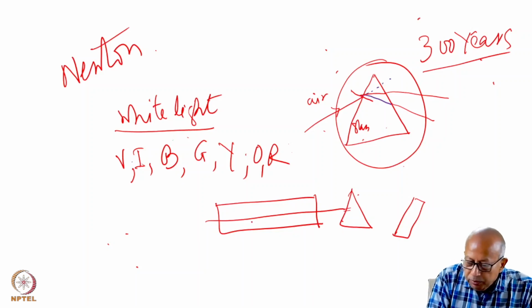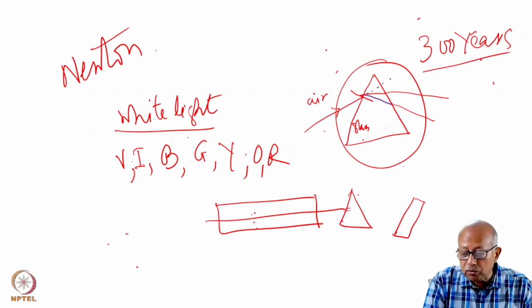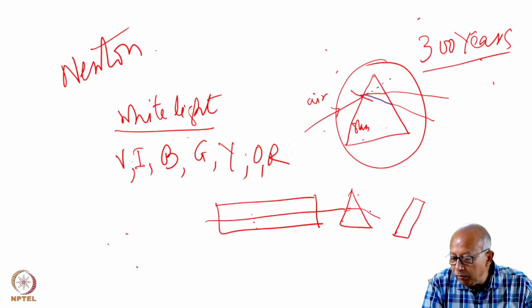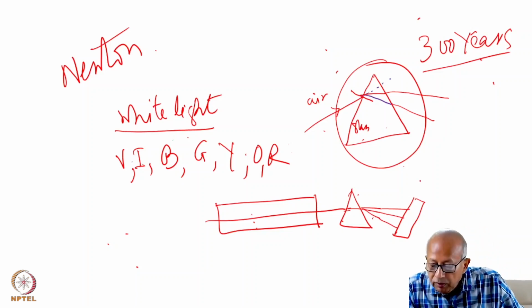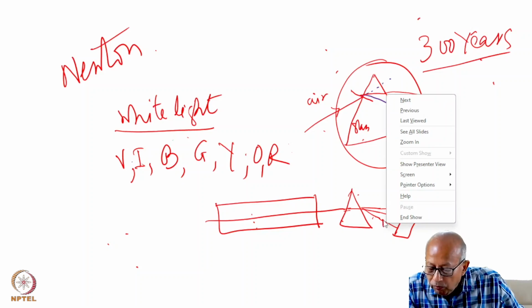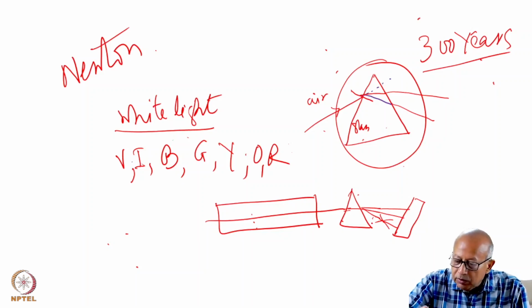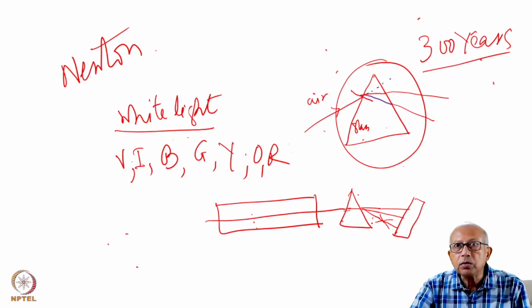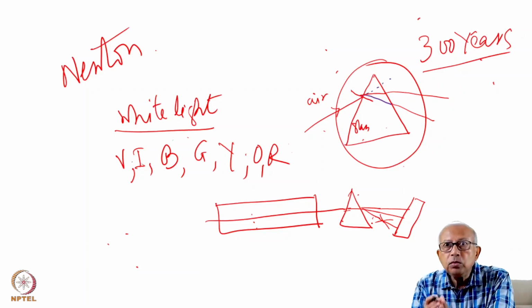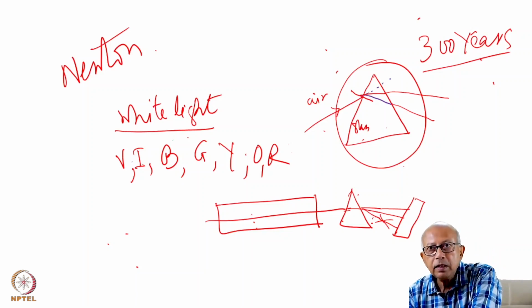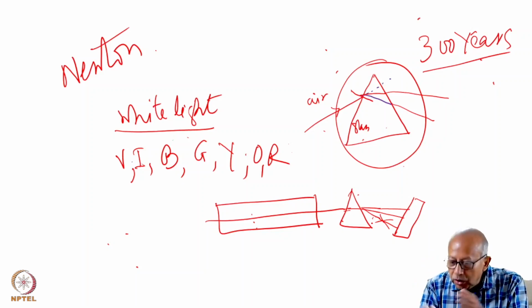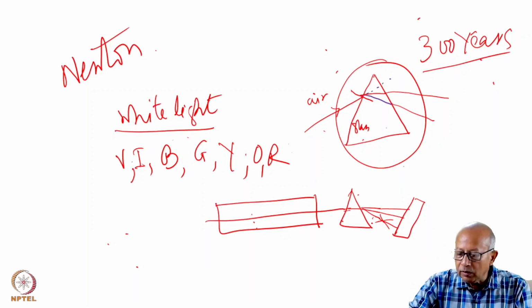If suppose this has multicolor, that means many modes, this prism will split the modes depending on their color. So different modes will shine on the mirror at different angles. So only one at a time will fall normally. Therefore, this alone will be able to oscillate back and forth inside the cavity and thus lase. By tuning either the prism or this mirror, you can choose different modes. So this helps you to get a single mode laser and also allows you to tune the wavelength of the laser by tuning the prism or the mirror.